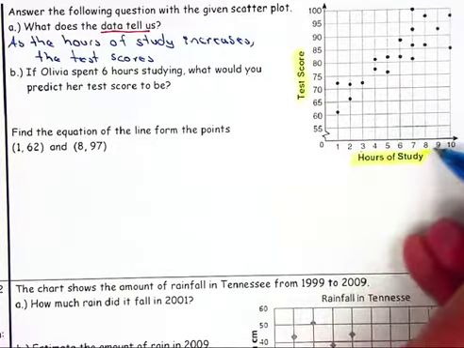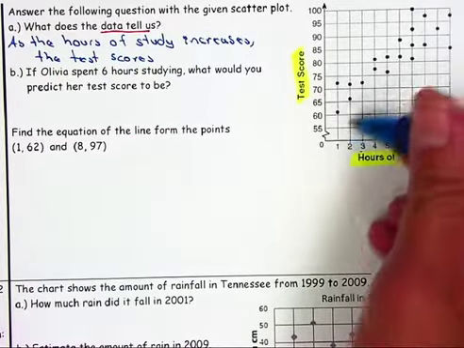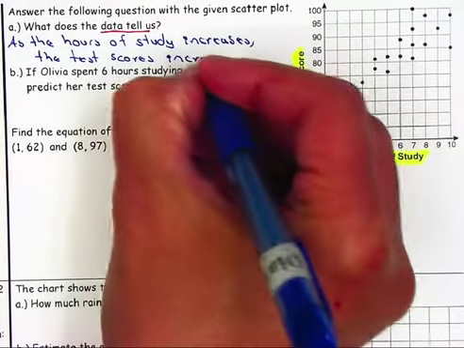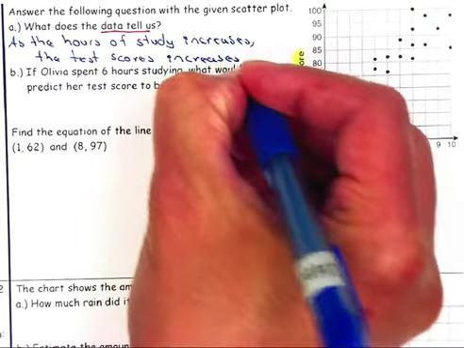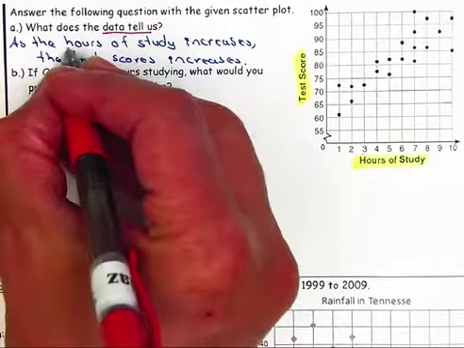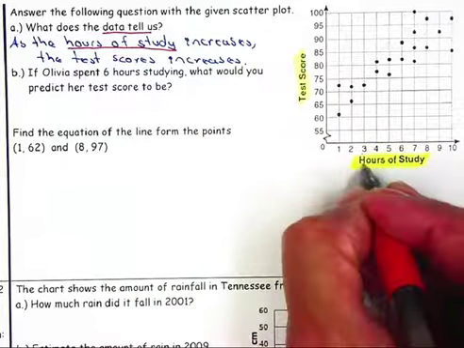So as the number of hours of study increases, your test scores also increase. And once again, I want to be able to see two lines, one with your x-axis and one with the y-axis.